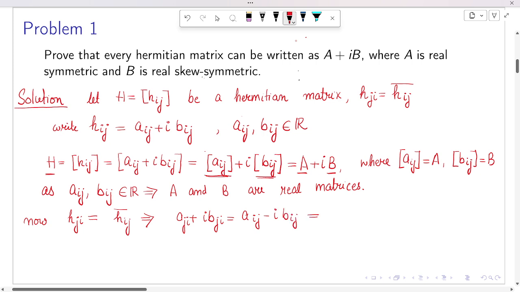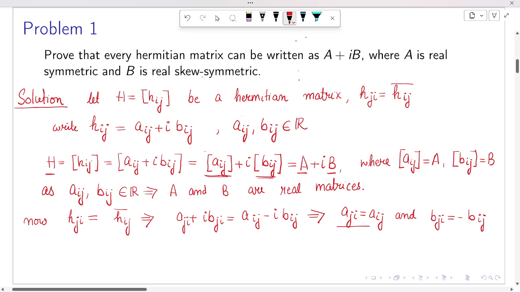Now compare real and imaginary part. We get Aji is equal to Aij and Bji is equal to minus Bij.